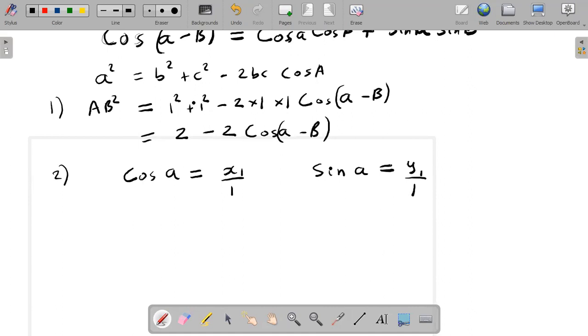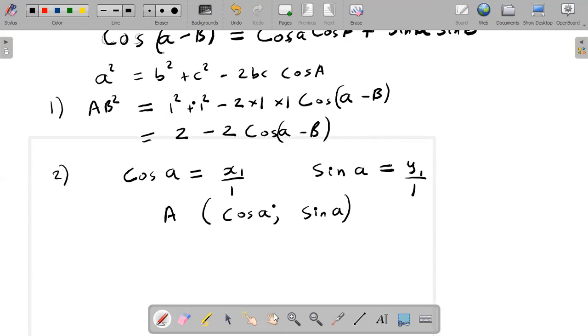Therefore, cos alpha is equal to x1, and sine alpha is equal to y1. Therefore, the coordinates of A, x1, y1, can then be written as cos alpha, sine alpha. Why? Because cos alpha is equal to x1 and sine alpha is equal to y1.